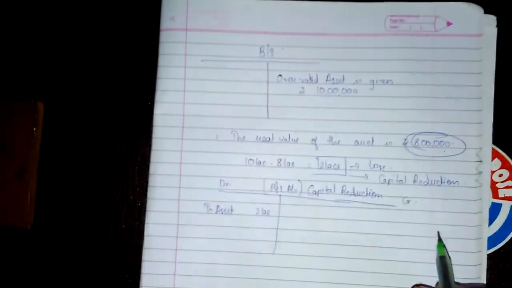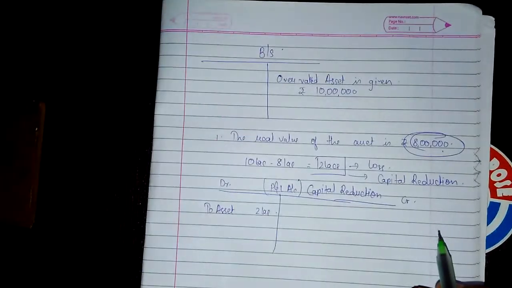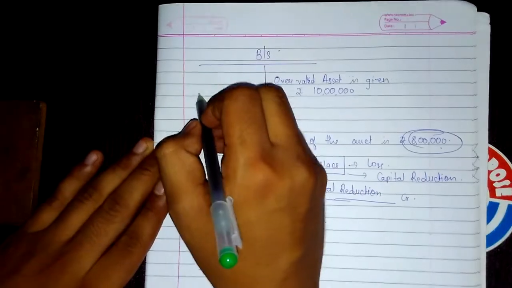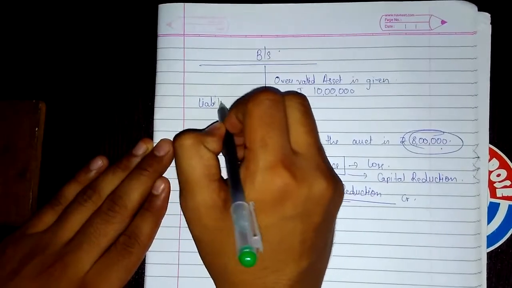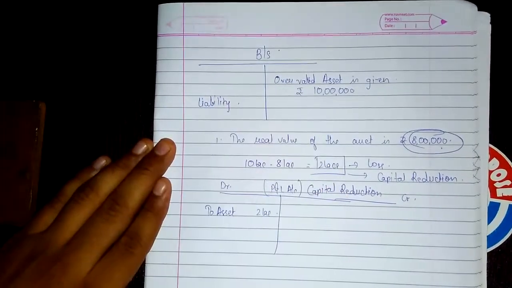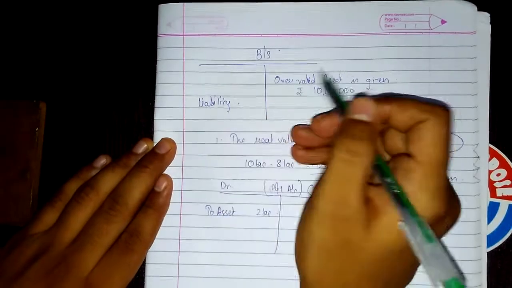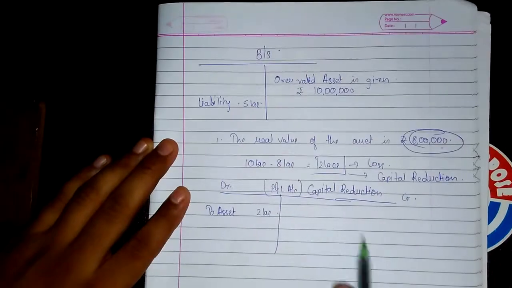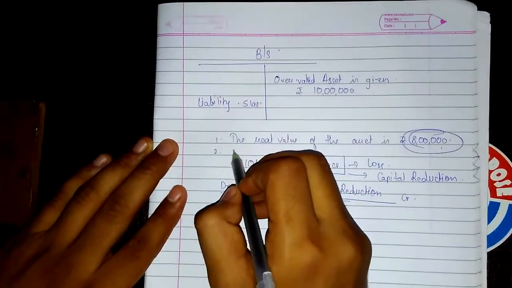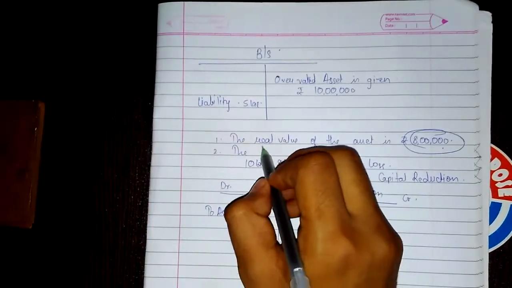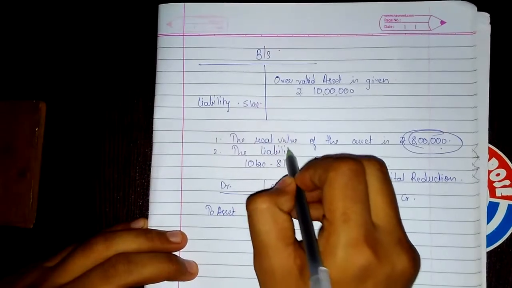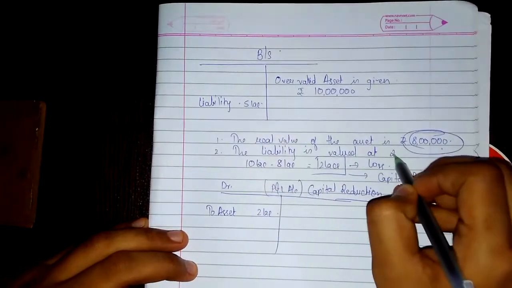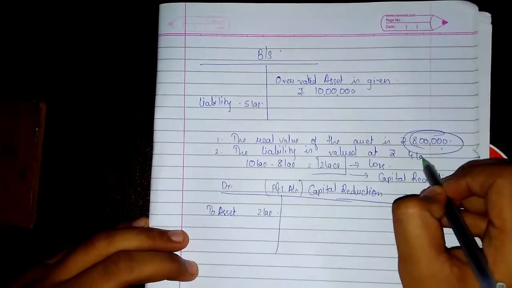So you now understood what the asset is and how to capital reduce it, and now we'll see liability. After seeing liability, we'll see capital. Okay, liability is given in the question, say rupees 5 lakhs, and in the adjustment it is said that the liability is valued at rupees 4 lakhs.